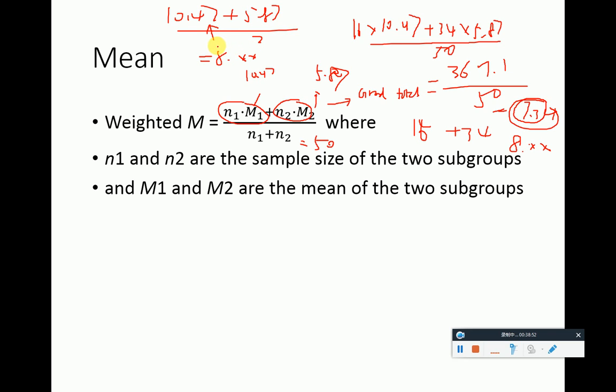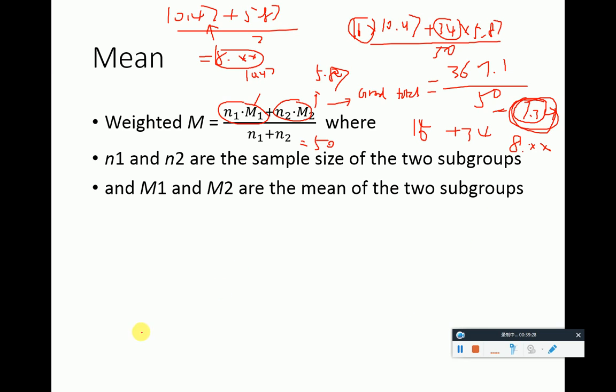So this one is more correct. It is correct because we now account for the differences in sample size across the two subgroups. In a sense, we correct for the unequal sample sizes of the two subgroups.